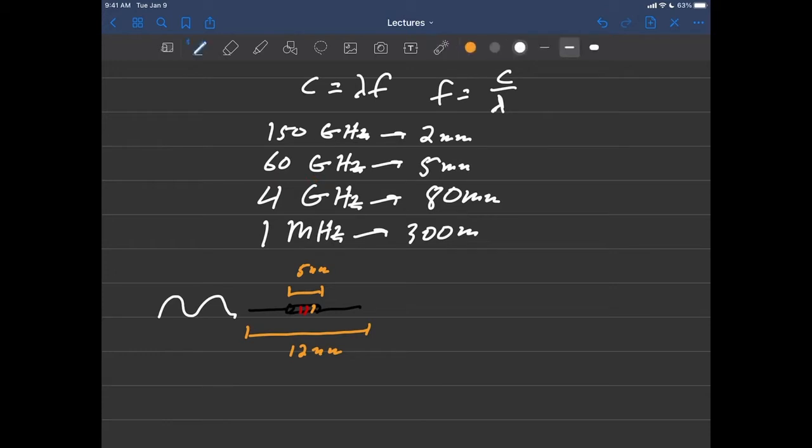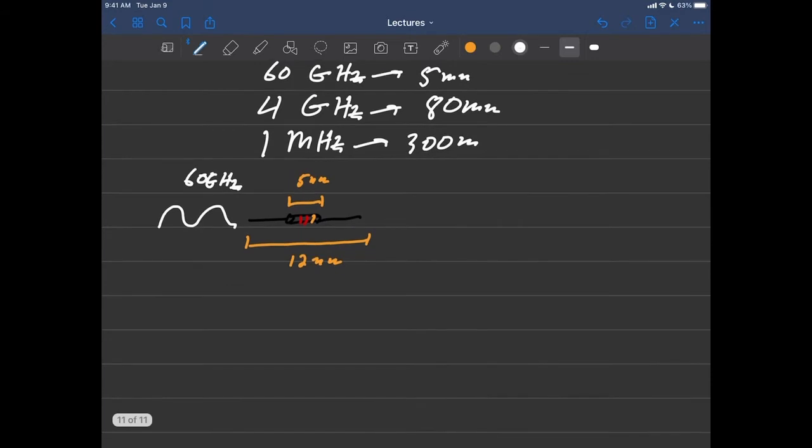And so if your frequency started to approach 60 gigahertz, then you might get some strange resonances in the resistor material that you didn't anticipate. For example, you might get a harmonic of the 60 gigahertz existing between the attachment points where the lead attaches to the resistive element on both sides. You might get some harmonic resonating in there.